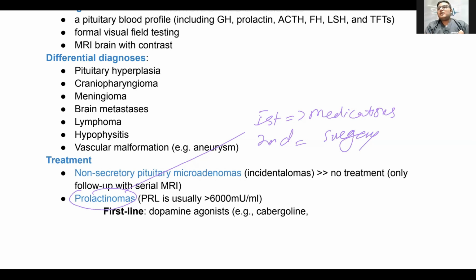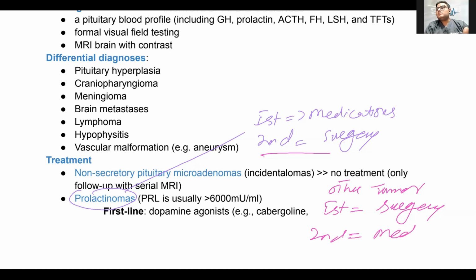But very important, in other tumors it is reversed. First is surgery, and second we give medication plus irradiation. So remember, in prolactinoma we first give a trial of medication. Why? The most important exam question of MRCP is the why.